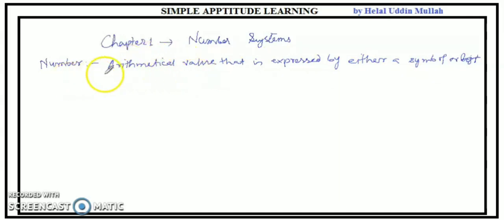So in number system we have a term named face value. Face value is the value of the digit itself, irrespective of its position in the number.